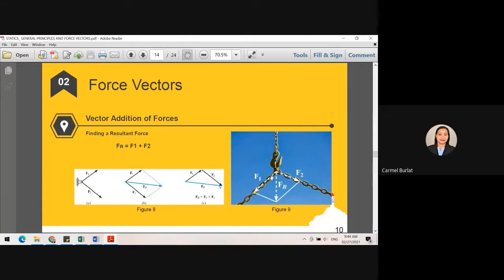So in this case, FR is equal to F1 plus F2. You imagined this earlier with the resultant and force vectors A and B. Now you can see better how it happens.